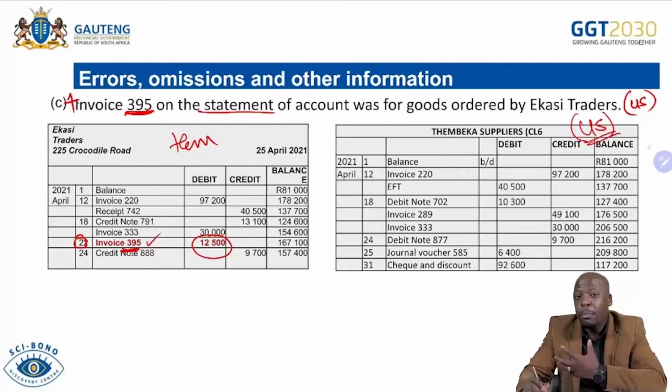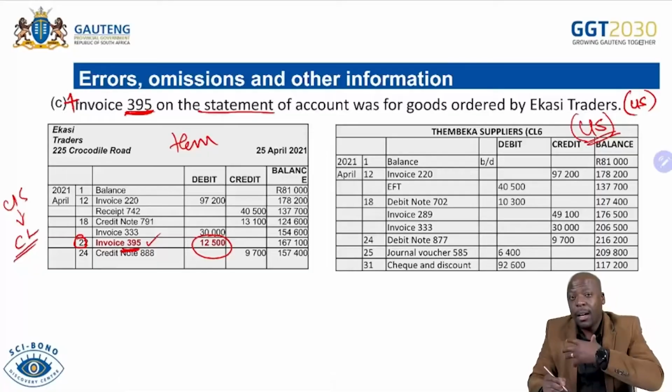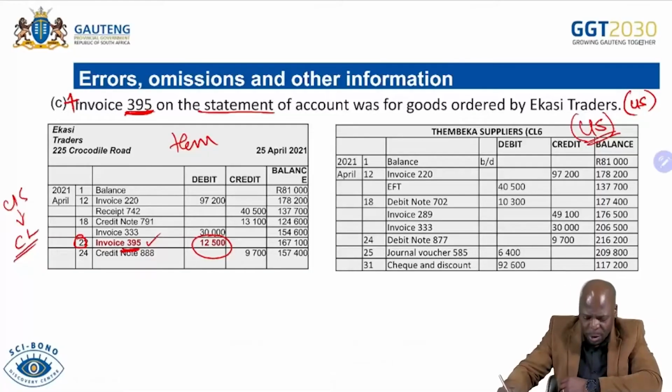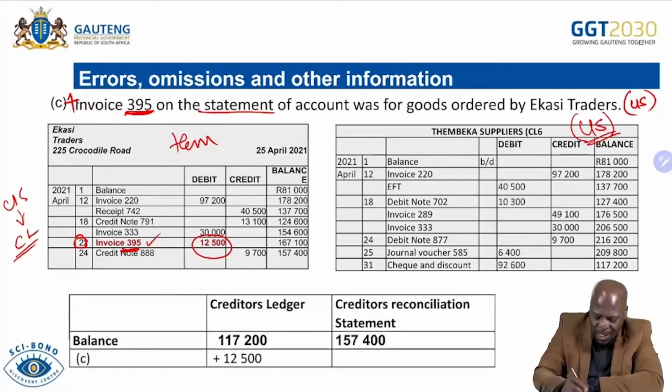That simply means there is an invoice which was not recorded by us. By who? By us. So if it is us, where do we record? Remember, I taught you once it is us, it has to go to the creditors ledger. Once it is us, where does it go? To the creditors ledger. That means it should go to the creditors ledger. Remember again, if it's an invoice, it has to be a plus, and it's coming to the ledger as 12.5.